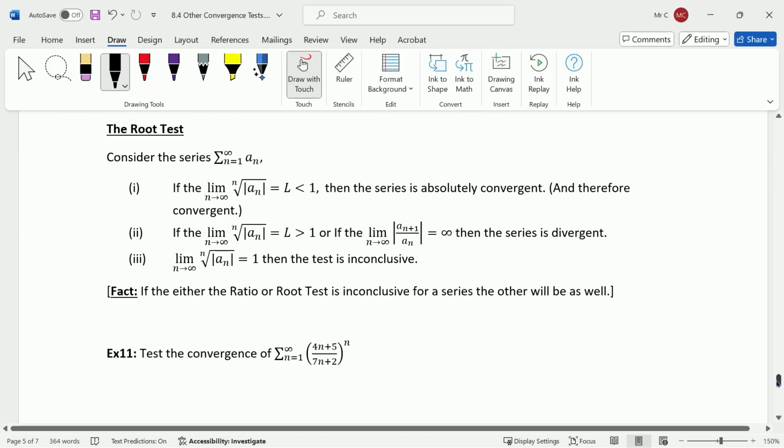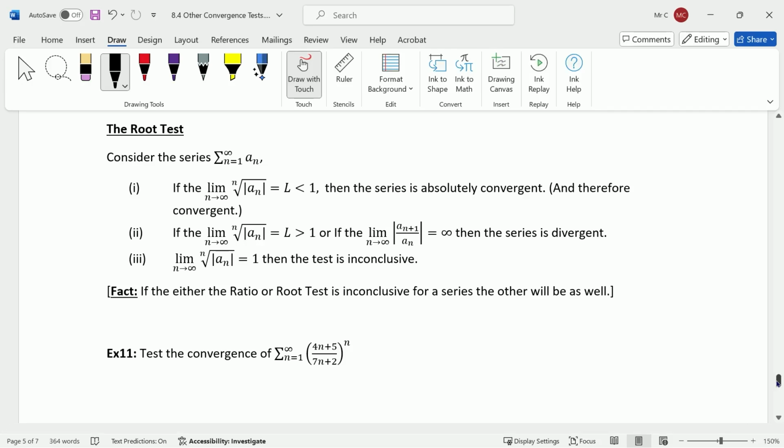Okay, and now we'll take a look at the root test. That'll be our last test for this section. And the root test is very similar to the ratio test. It says consider the series from n equals 1 to infinity of a sub n. If the limit as n goes to infinity of the nth root of the absolute value of a sub n is L, which is less than 1, then the series is absolutely convergent.